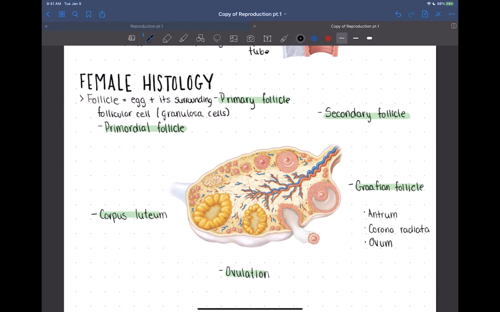Okay, and so we start with our least developed form of the follicle. Remember we said that was our primordial follicle. So the primordial follicle, remember it is arrested, waiting, paused in prophase 1. Remember they are present at birth.